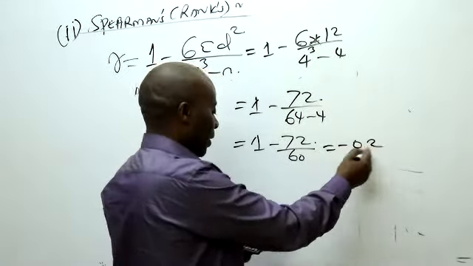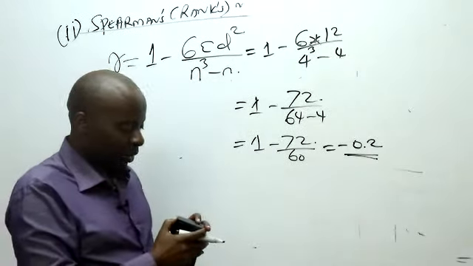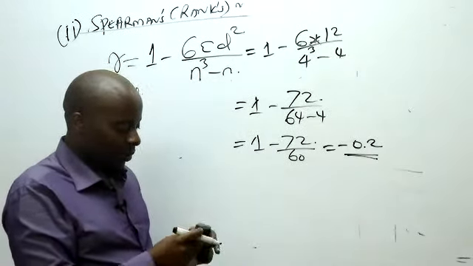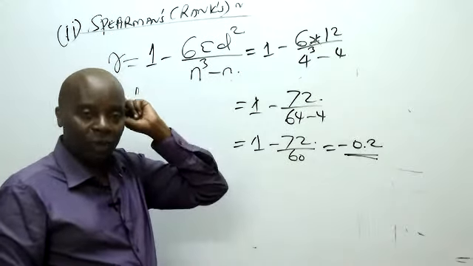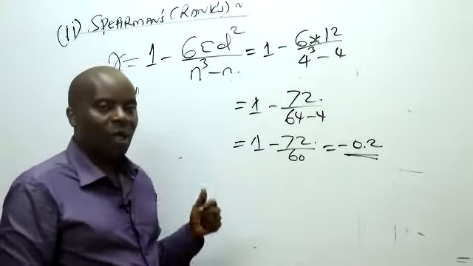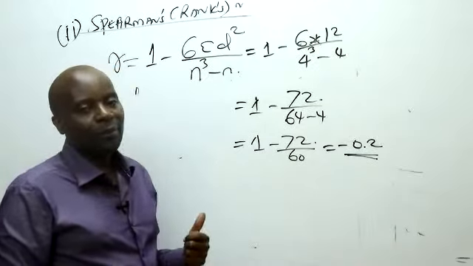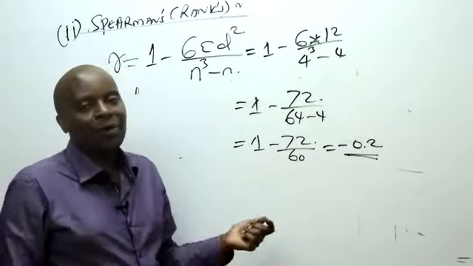Negative 0.2, like that. So meaning that there is some relationship between the ranks of the two judges, which happens to be a negative. Meaning that the two judges have got different tastes and preferences.